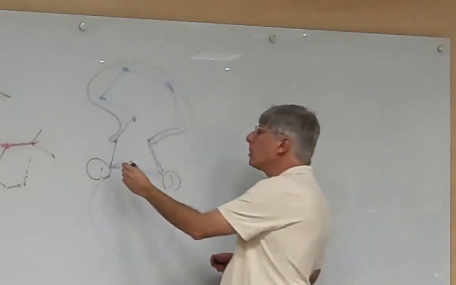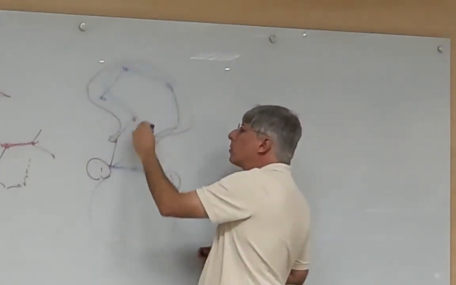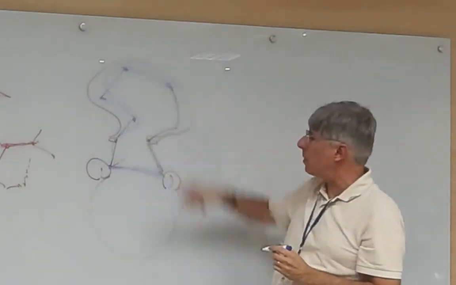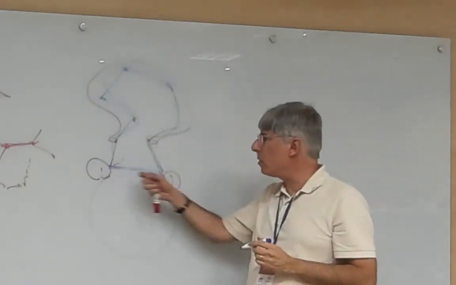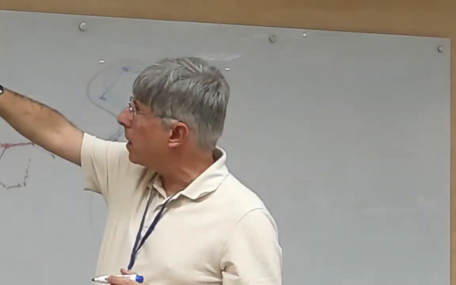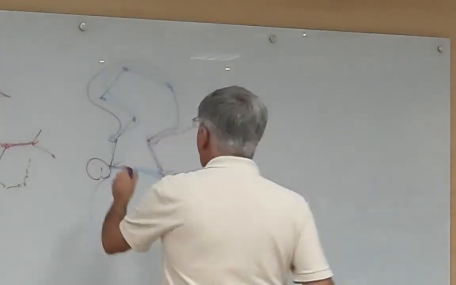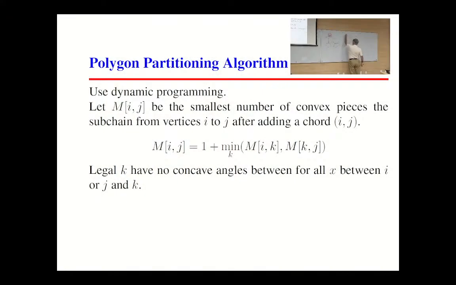What is the optimal solution from here? The smallest number of convex pieces I need on this piece of the polygon if I use chord IJ. That's what M of IJ is going to be: the smallest number of convex pieces on the subchain from I to J, if I add chord IJ.